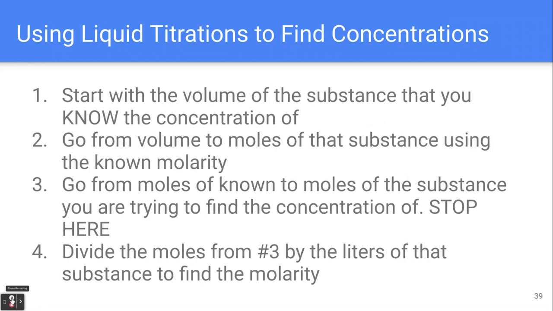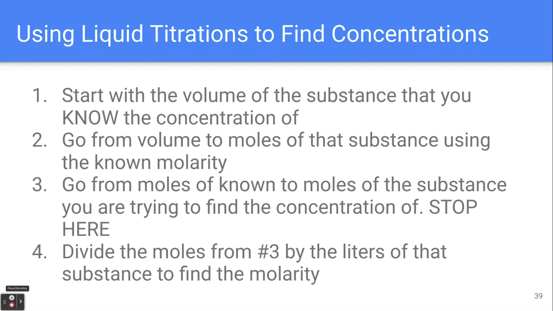All right, so if we are dealing with liquids and liquids for our titration, you are going to know the volume and concentration of one thing, and then you'll only know the volume of the other thing. So we would start the stoichiometric problem with the volume of the substance that you know the concentration of. Once we have that started there, you can use that volume to get to moles using the known molarity.